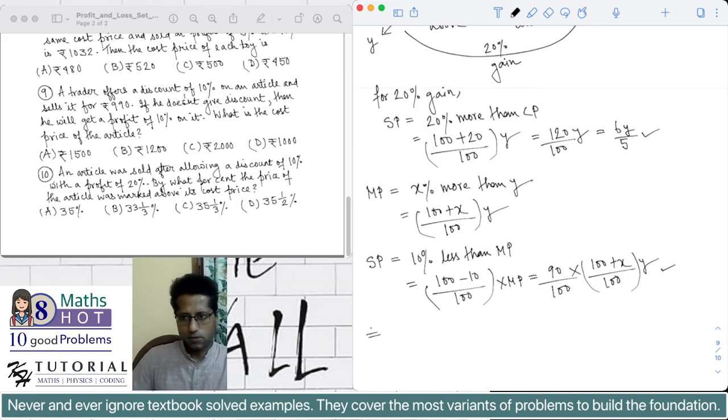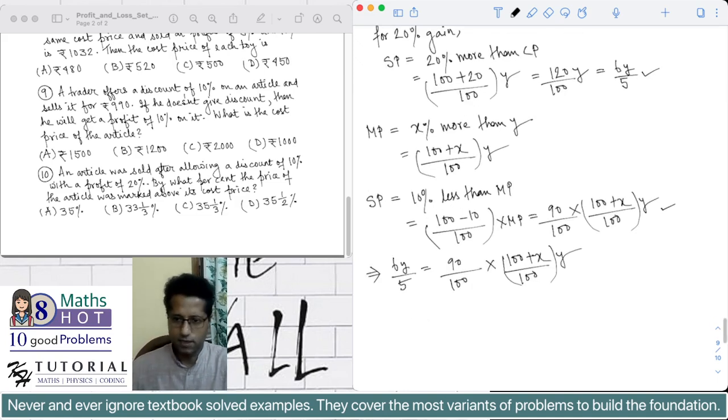So this implies that 6Y by 5 is equal to 90 by 100 multiplied by 100 plus X divided by 100 multiplied by Y. Now you can do a lot of simplification and cancellation. We can cancel Y from both sides. We can simplify 90 by 100 as 9 by 10.